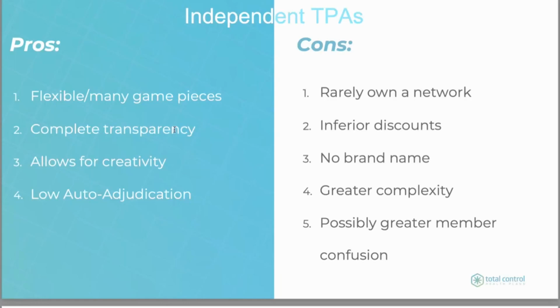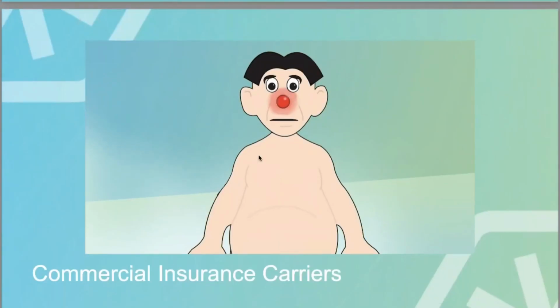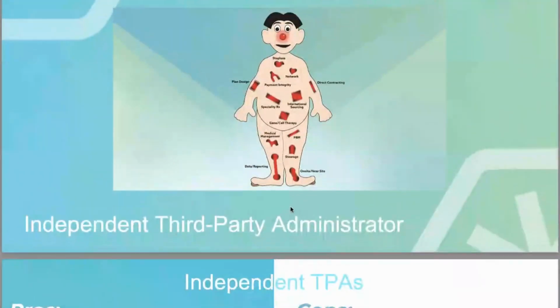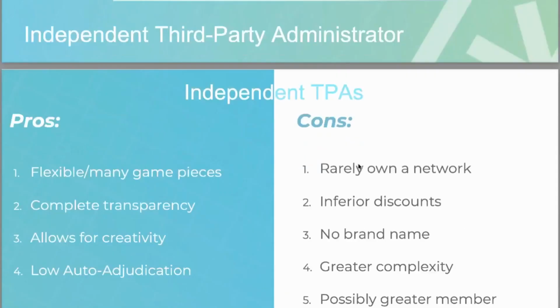If we're going to play a game like this, if we move back to our carrier administrative plan here, boy, this is a pretty easy game to play because there's no pieces at all to play with. If we come down here, it's way more complicated, which is great because it provides more opportunities to win the game, but it's more complicated and we're going to have to spend more time developing our strategy to make sure we play the game in a way that we can win.